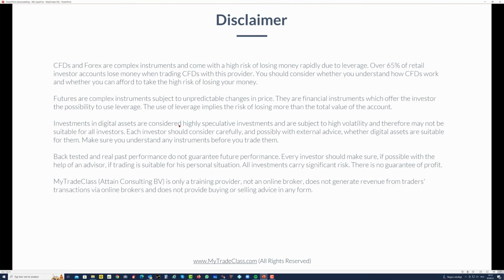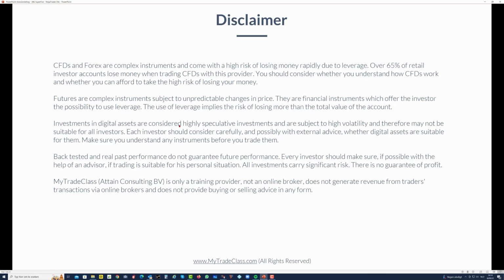As always, we begin with a disclaimer. Please know that products like CFD, forex, futures or others are sometimes traded on margin. You have to know that this means that you can actually trade with more money than you have on your account. So be careful. There are ways to learn this.